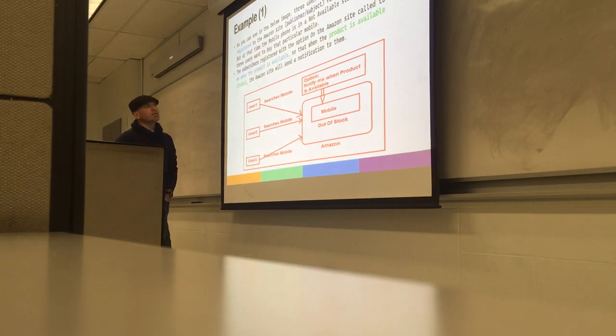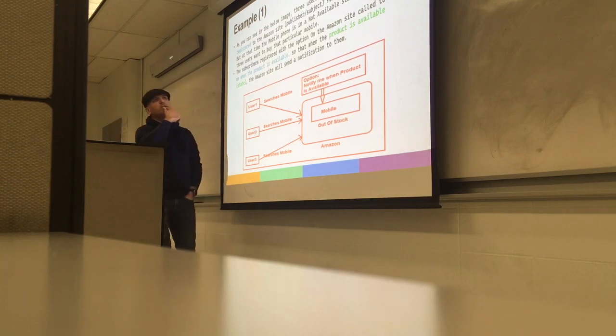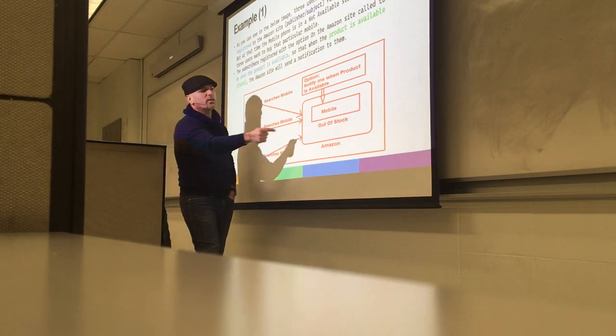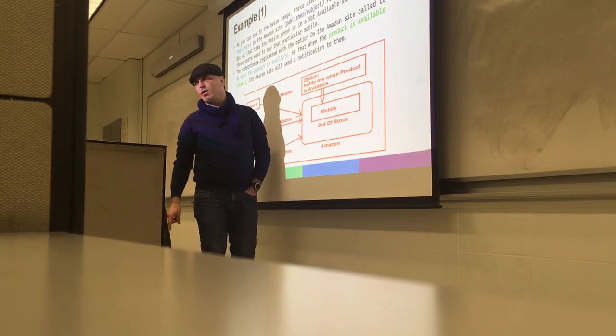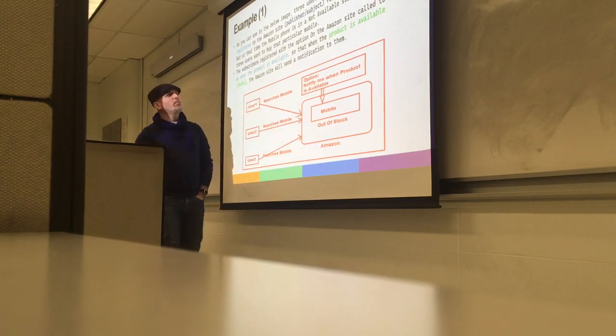The subscribers register with the option on the Amazon site called notify me when the product is available. This is a method inside the mobile. There is also a method to register and unregister observers.